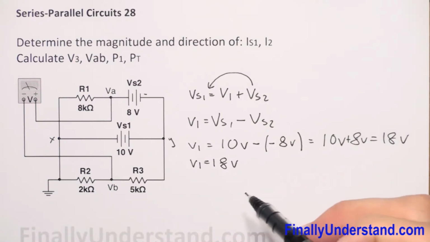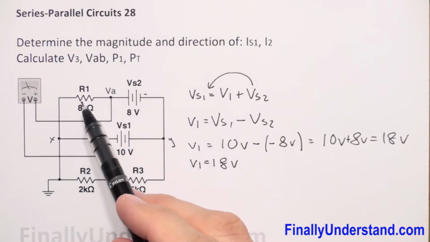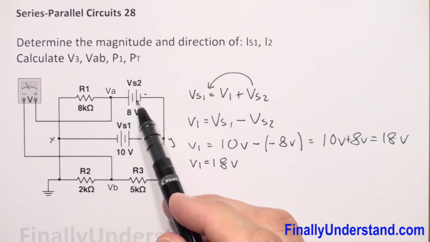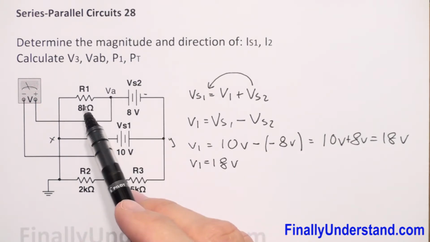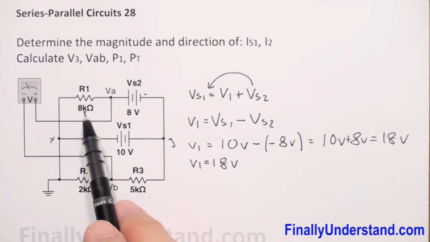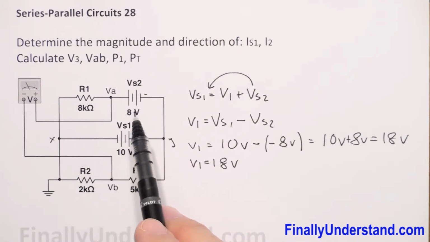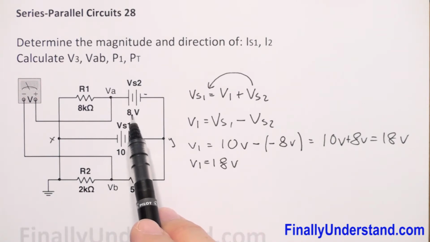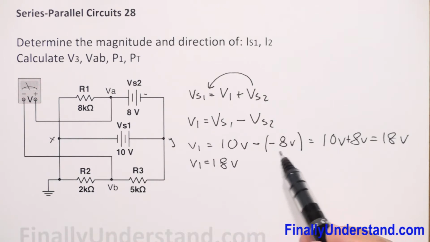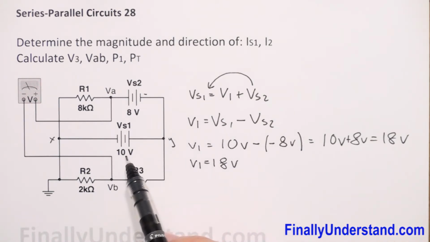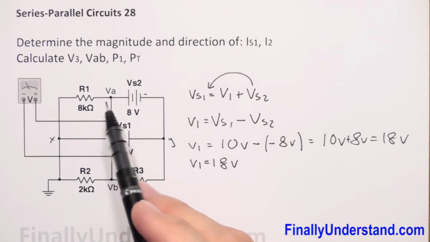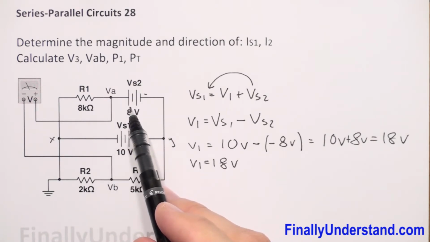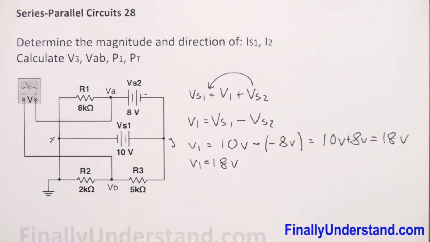If you want to verify if this answer is correct, simply this voltage plus this voltage is supposed to give me this. So I have positive 18 minus 8 volts, which will give me 10 volts. This plus this will give me this.